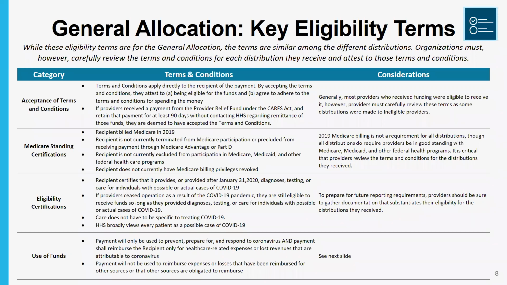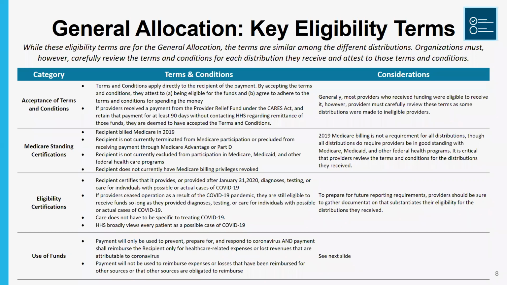If the answer is yes, the recipient will use the payment to prevent, prepare for, and respond to coronavirus, and payment shall reimburse the recipient only for healthcare related expenses or lost revenues that are attributable to coronavirus, as well as some other terms and conditions that have been set forth by HHS, including some restrictions on balanced billing.